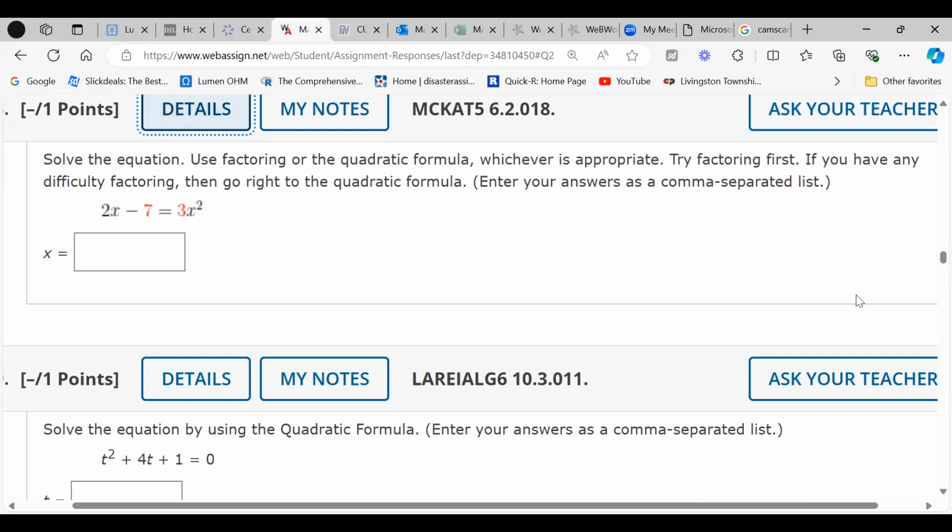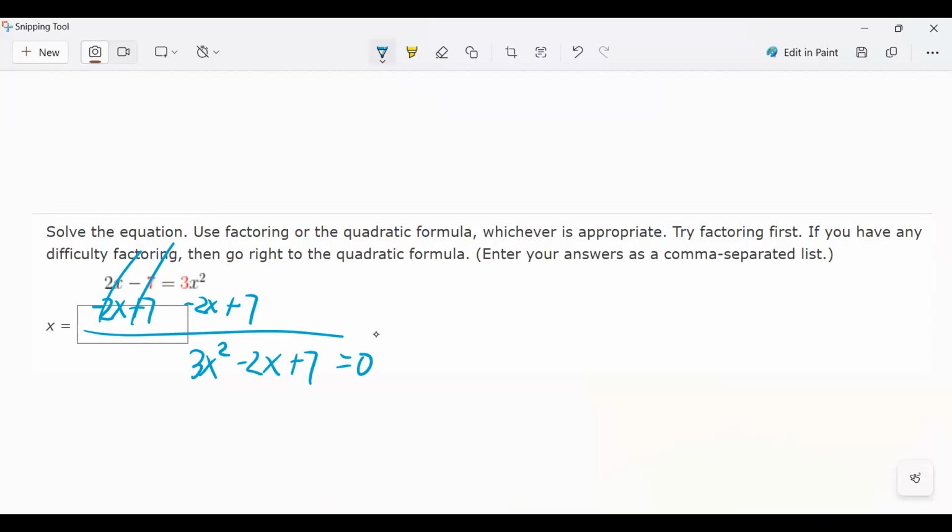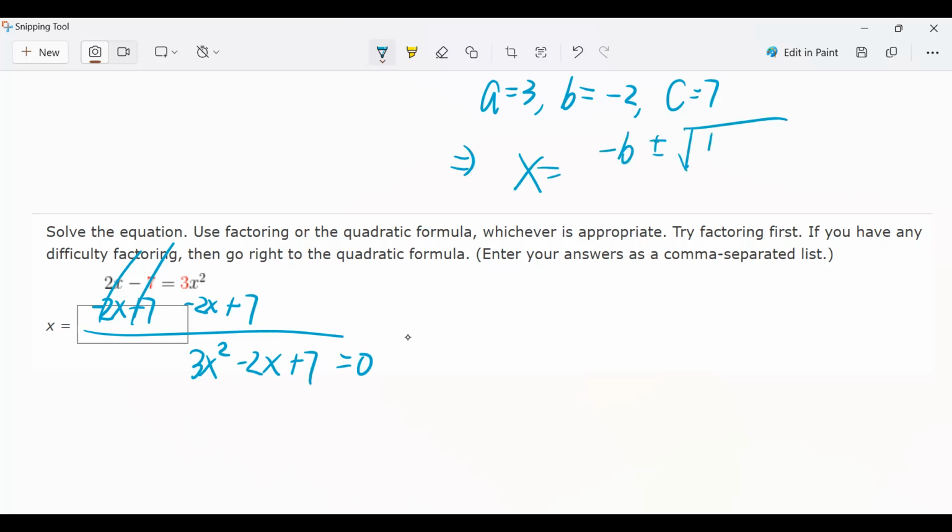So let's solve for the complex solution. Go back. As you can see, we cannot factor this, so we use the quadratic formula with a = 3, b = minus 2, c = 7. x equals minus b plus or minus the square root of b squared minus 4ac, over 2a.